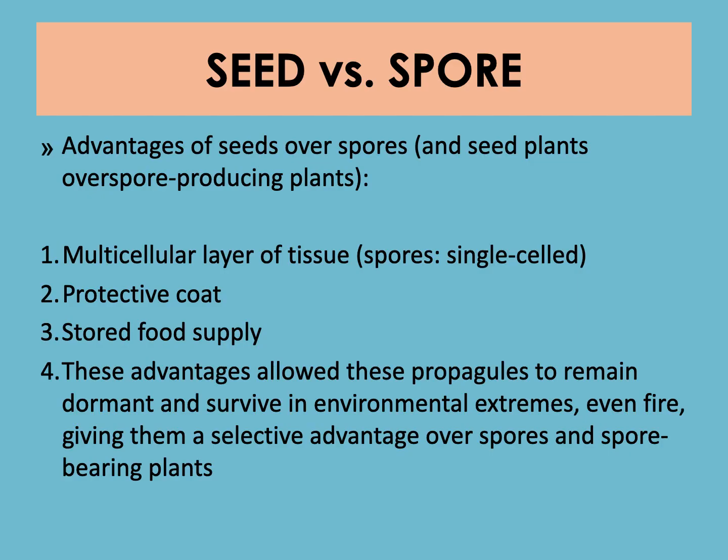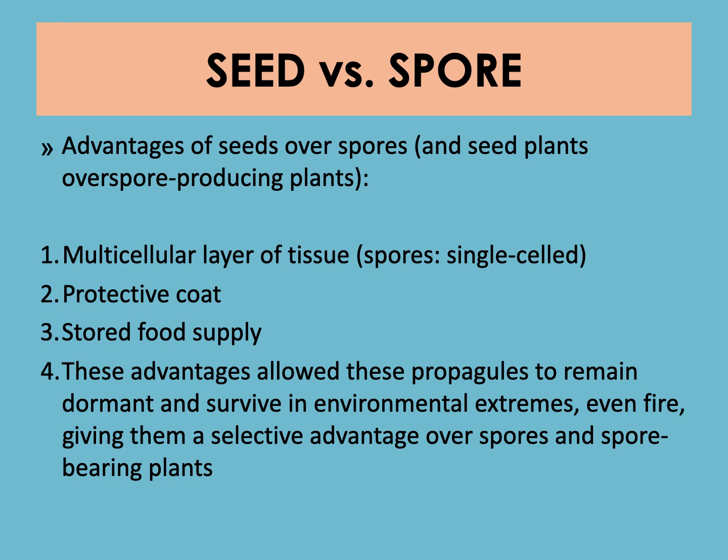embryogenesis. So when we compare the seed and spore, we find out that the seed has more advantages compared to the spore, such as it has a multicellular layer of tissue, while the spore is only a single cell, and it also has a very strong protective coat that prevents desiccation and damage of the embryo.